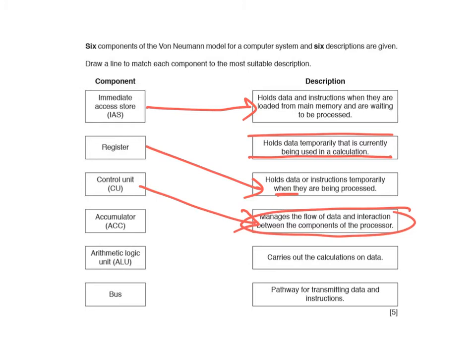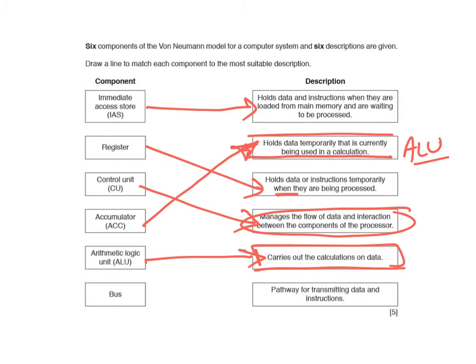Let's see, holds data temporarily that's been used in a calculation. I'm thinking about the ALU here, so let's not go yet, and I'll tell you why. If you were thinking ALU, you're right to think about the ALU, but then when you look at this one, carries out calculations on data, that's the ALU. This one is the very specific register that's used for the accumulator, and then the bus pathway for transmitting data and instructions.